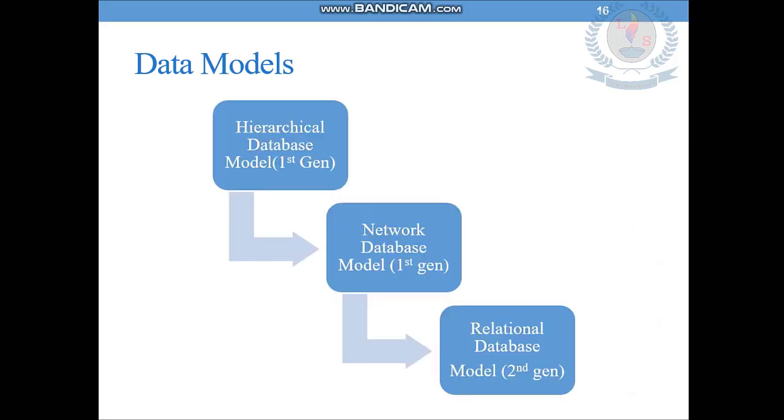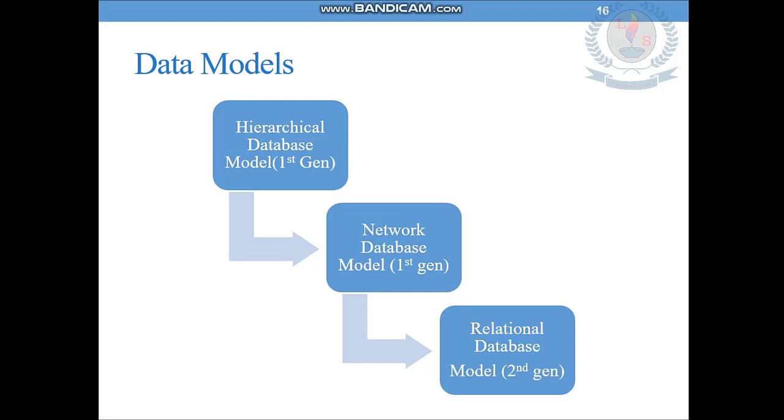Now let's see what are the database models we have. So there are two generations we have to consider, first generation and the second generation. Under first generation, we have two database models. The first one is the hierarchical database model. The next one is the network database model.